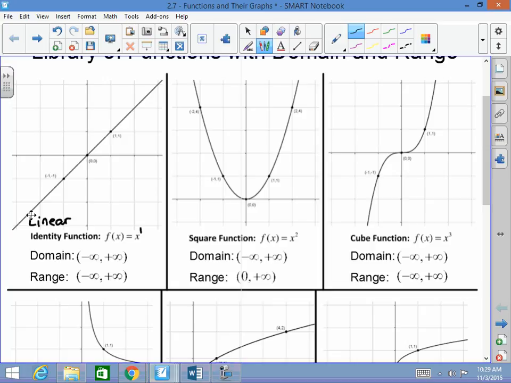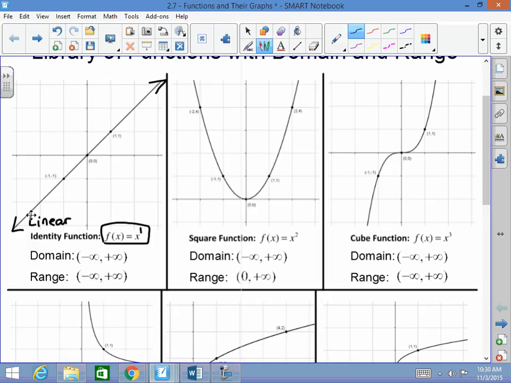We know how to graph linear functions already, y equals mx plus b. The parent function here is simply f of x equals x. Remember that f of x is a fancy way of saying y. So y equals x. The domain, since it keeps going on forever to the right and to the left, is all real numbers. And since it keeps going up little by little and down little by little, the range is all real numbers.